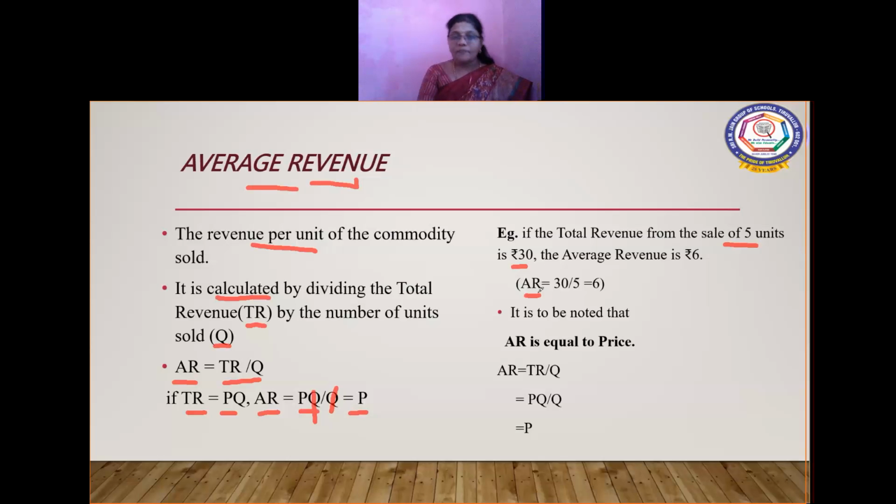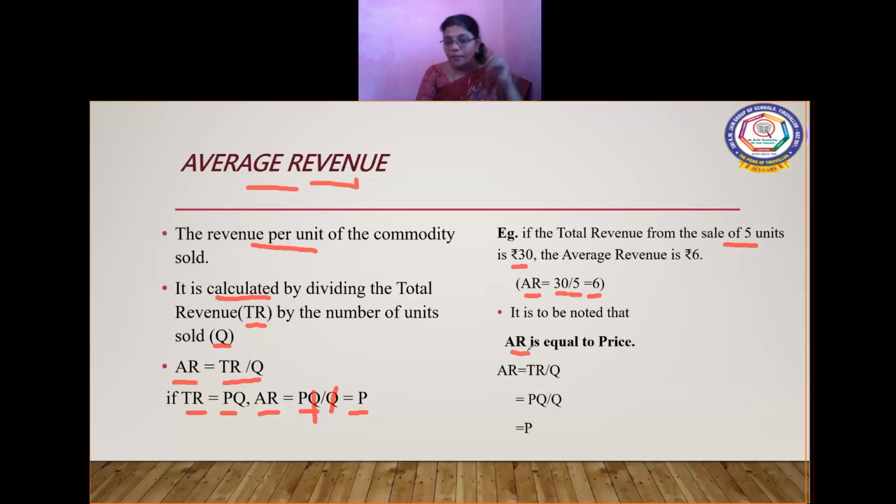In the same way, average revenue equals total revenue divided by the quantity sold. Here total revenue is 30 and 5 is the quantity sold. So 6 is the average revenue. So 6 is the price of that product.